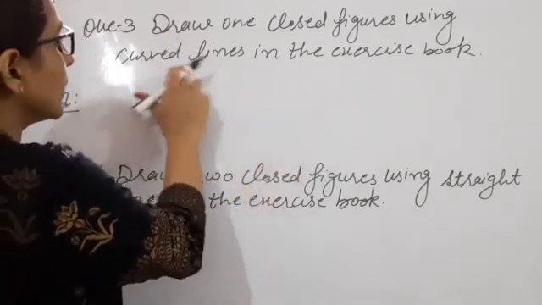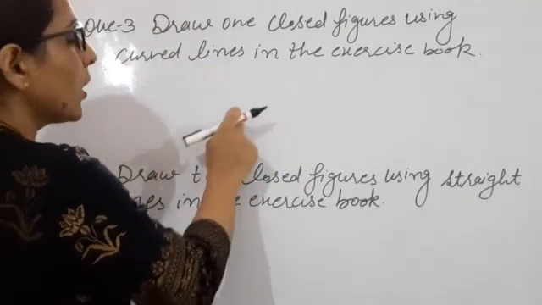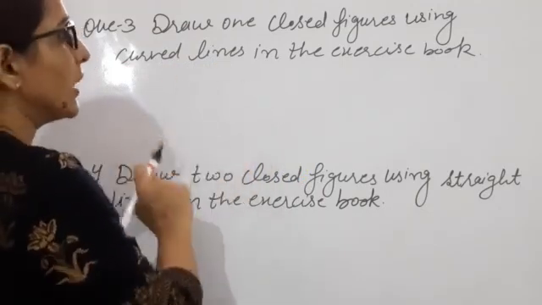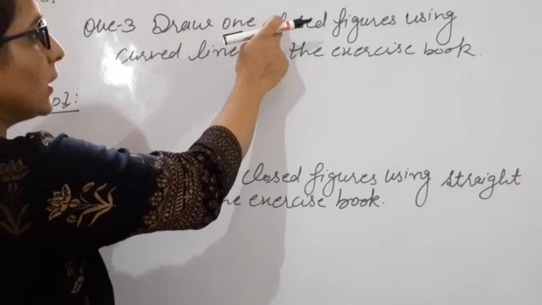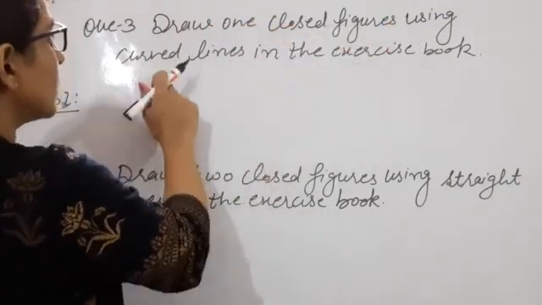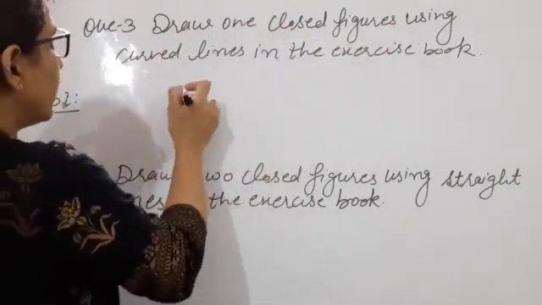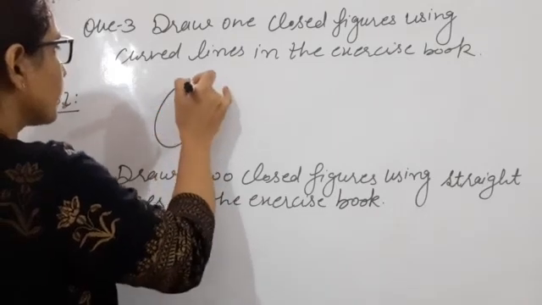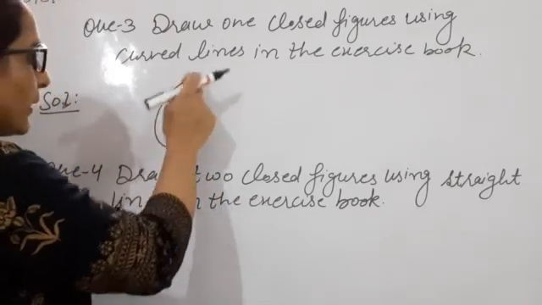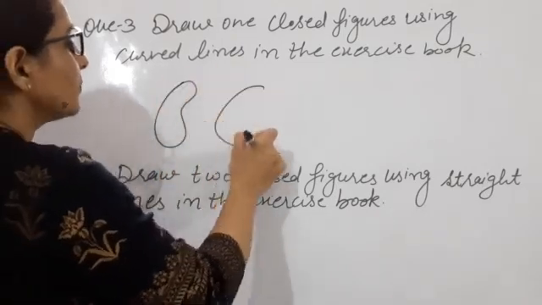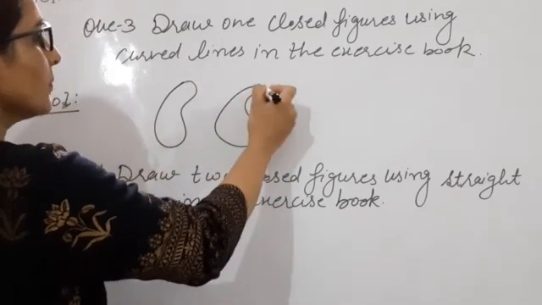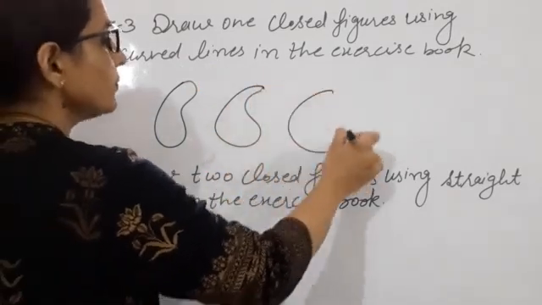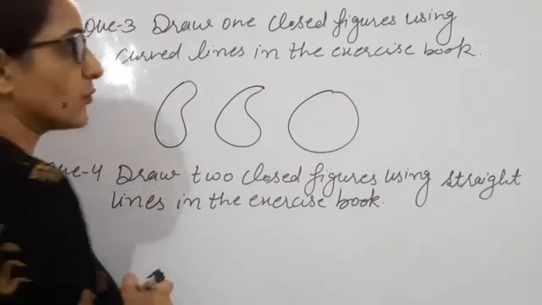And using the curved line, we draw by the curved line. Don't use here the straight line. So draw only one closed figure using the curved line like this one. This is the closed figure and using the curved line. This is also like this closed figure.